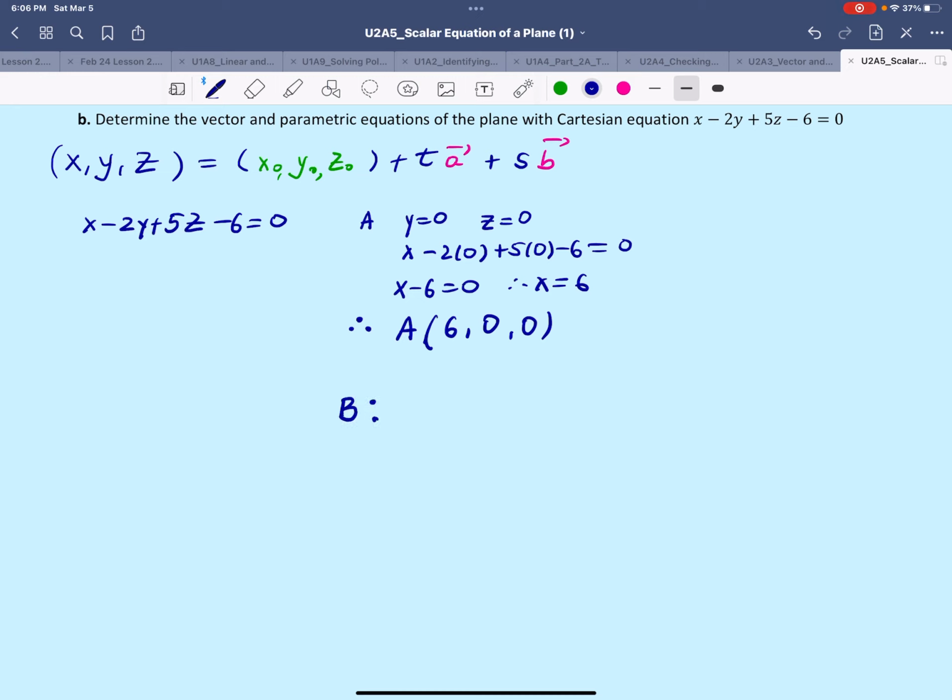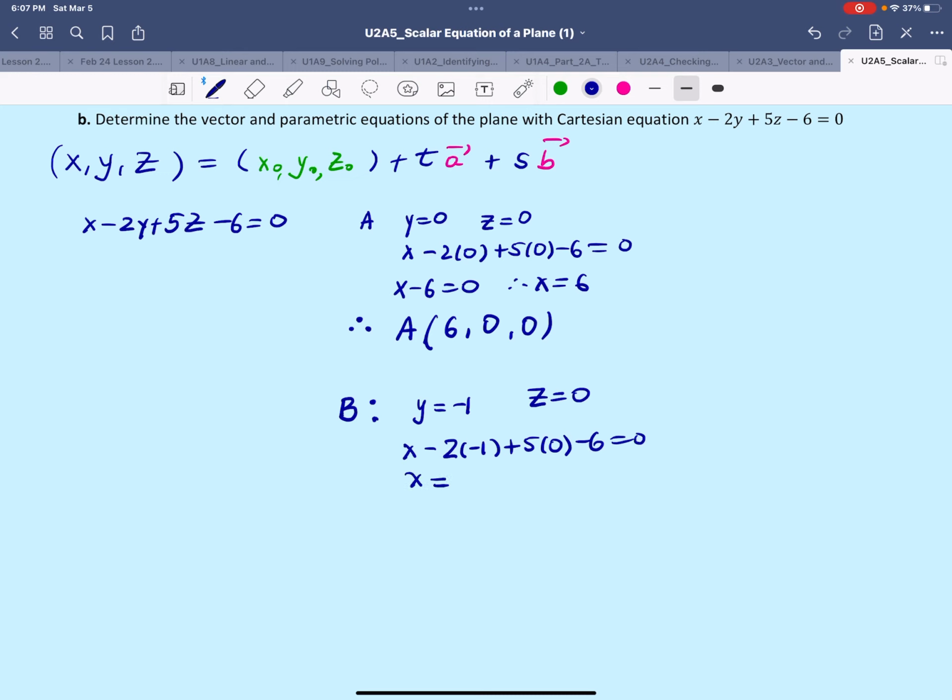Next, we're going to look at a second point. So for the second point, I'm going to let the y value be negative 1 and the z value 0. Obviously, I don't want to give the variables very high or complicated values like fraction form. Play with something simple. And with y of negative 1 and z of 0, we have x minus 2 times negative 1 plus 5 times 0 minus 6 equals 0.